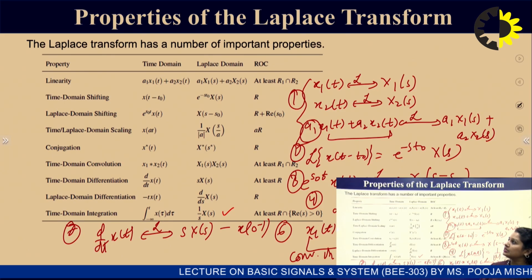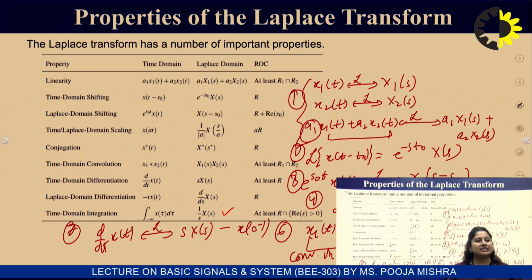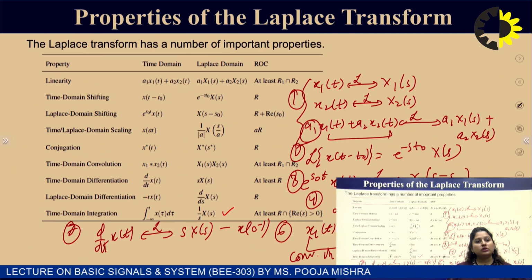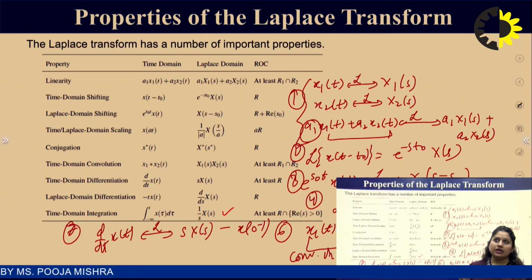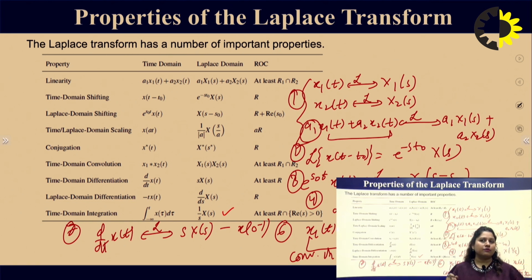So in the next lecture we will discuss the inverse Laplace transform and how to find it with the help of various ROC regions. We have defined ROCs in the questions. It is mentioned that for particular ROC regions, you have to write the Laplace inverse, the value of x(t), and for that we have to see how we define the left half plane and the right half plane, because for the right sided signal we have to use multiplication with u(t), and for the left sided signal we have to multiply with u(minus t).